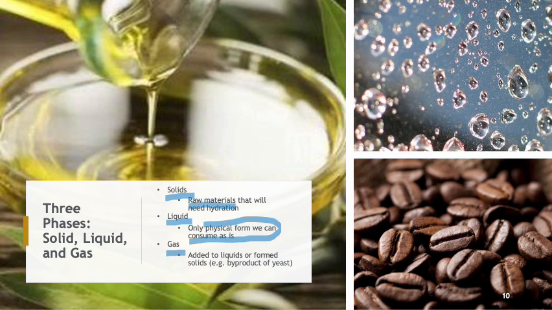Most of the gas that we add in food manufacturing is air or CO2, carbon dioxide, which is a byproduct of metabolism. This has to do a lot with leavening in baking, and also carbonation in beverages like sodas.